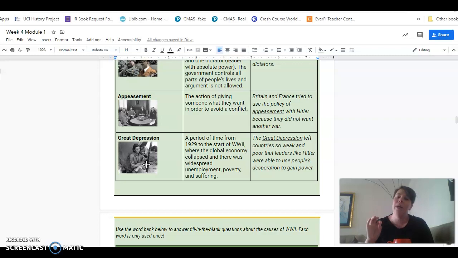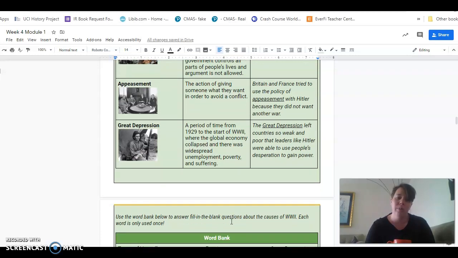We'll also talk a little bit about Emperor Hirohito of Japan, not in this lesson, but in another. He did not come to power during this time, but he definitely used his power during this time to his advantage. So similar, but he didn't gain power through the Great Depression.